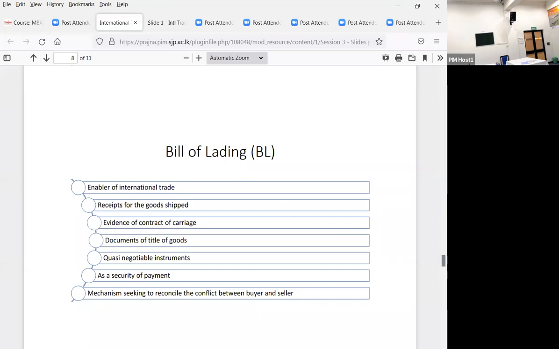Then you go to the shipping agent and get the DO. The DO is the delivery order. The shipping agent represents the carrier, who is obliged to deliver to you, because he has undertaken that he will receive and carry the goods, and deliver to X.